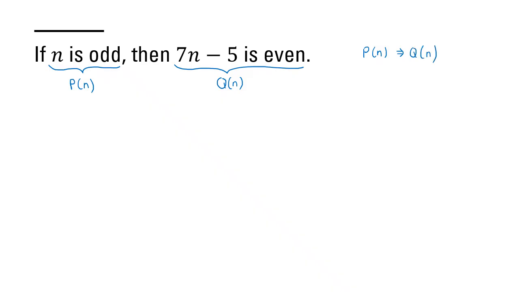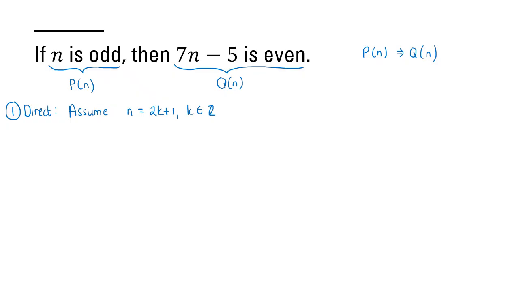Let's look at the different forms of proof. Our first one is direct, and this is where we follow the direction of the implication, as simple as that. We are going to assume that n is odd, so n is equal to 2k plus 1, where k is some integer. And we are going to try and prove that 7n minus 5 must then naturally follow to be even.